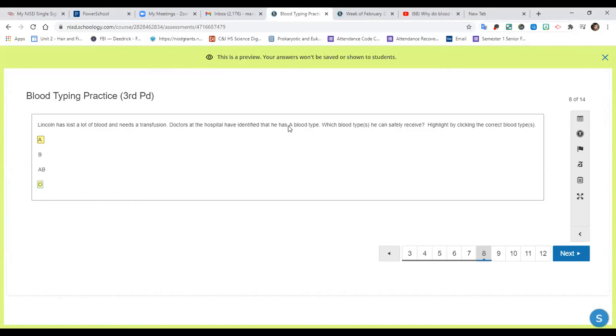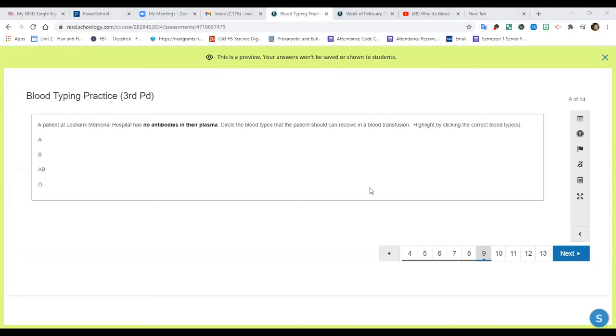So if you get the wrong blood type, you will die. Be very careful on that one because B again is a foreign invader. That's why it's anti-B for A blood type. It's against the B. You see that? Okay, let's go ahead and go to the next one.